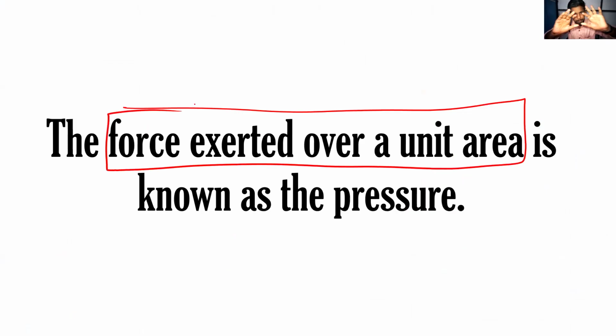This is called as pressure. So those who have written the wrong answer for this one, define the term pressure. I mean, they're asking what do you mean by pressure? So you will write the force exerted over unit area. So those who have made the mistake, correct this one. Okay. Definition for the pressure will be force exerted over unit area.